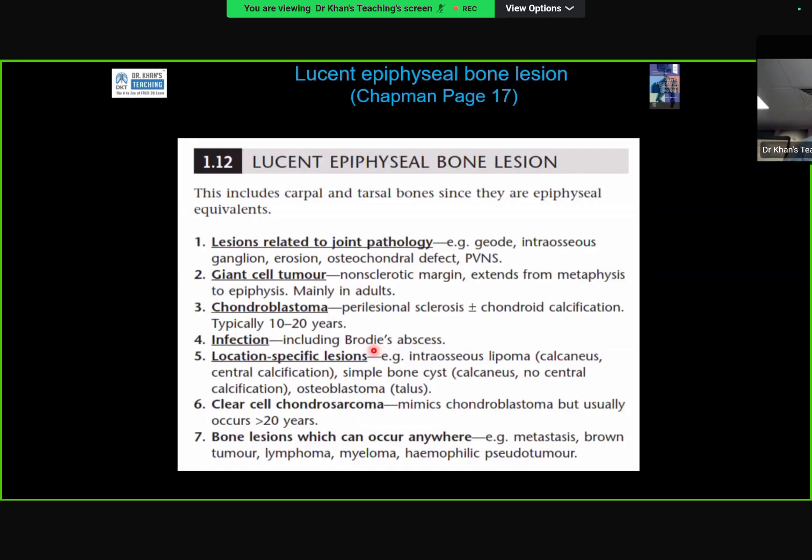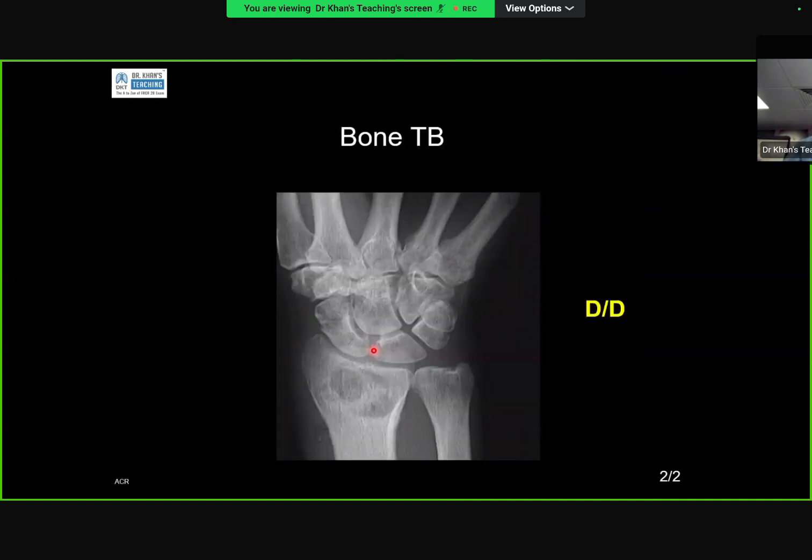And then giant cell tumor. We started debating the giant cell tumor. You were not convinced that this is giant cell tumor, and part of your reasons were right, but you lost your confidence. And that is the feedback from my side. You should not have lost the confidence.